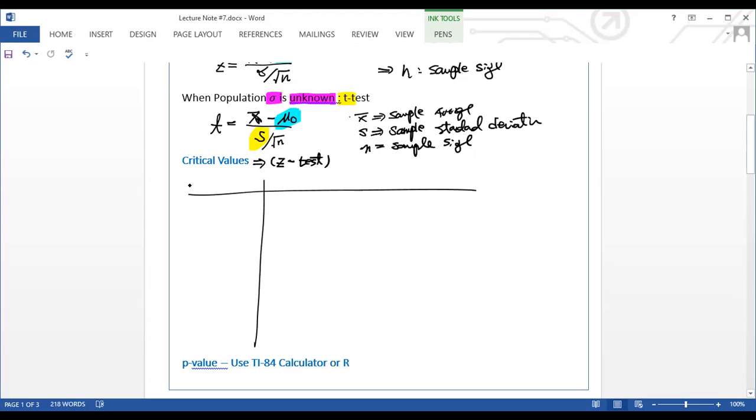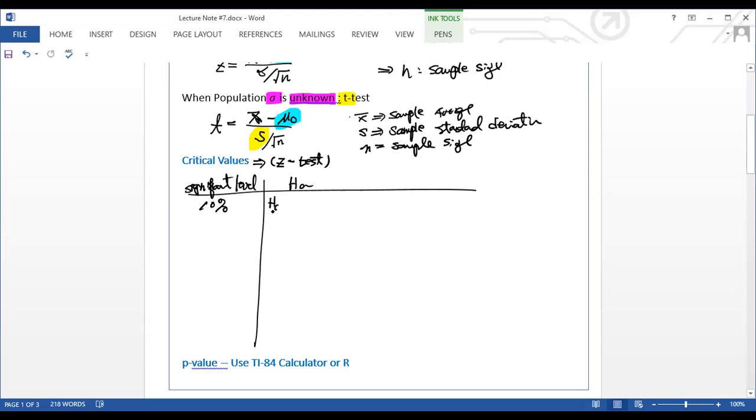All right, so this is my significance level. So this is 10%. And now this is your HA here, right? We always have three different HAs.